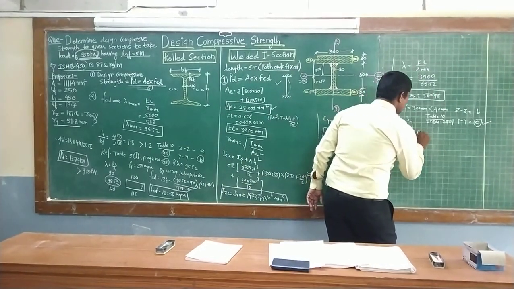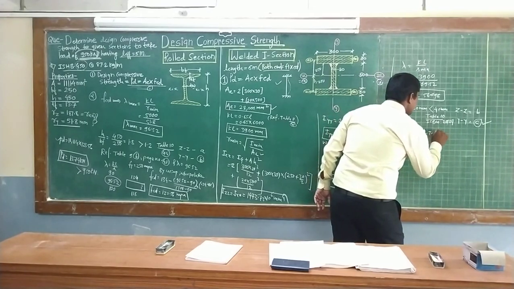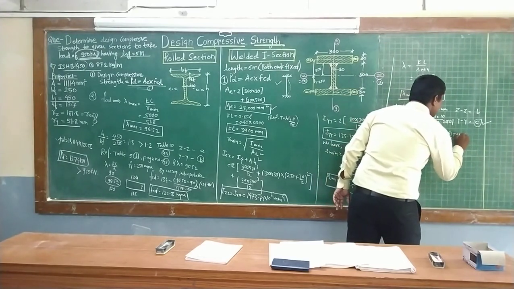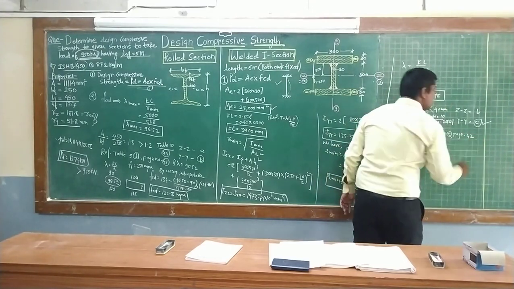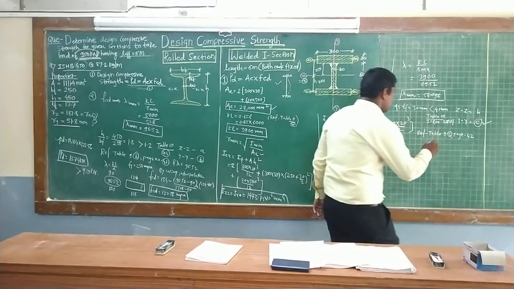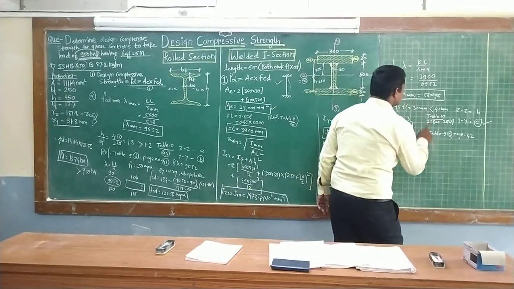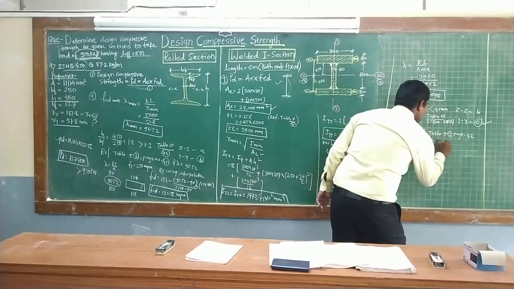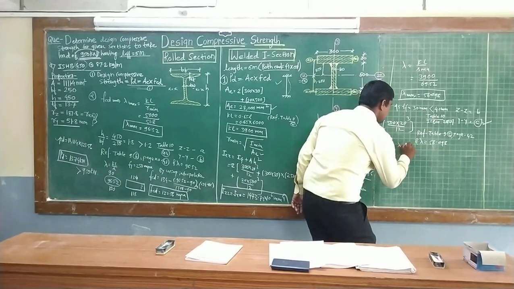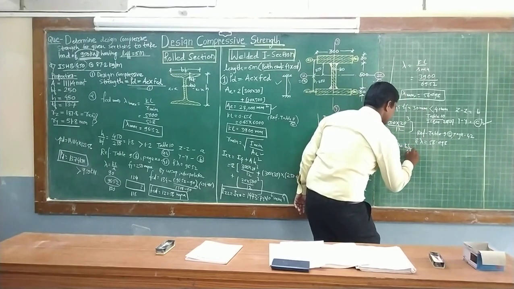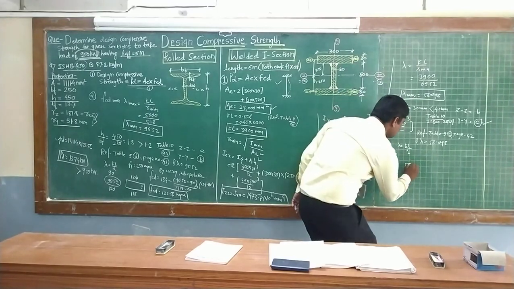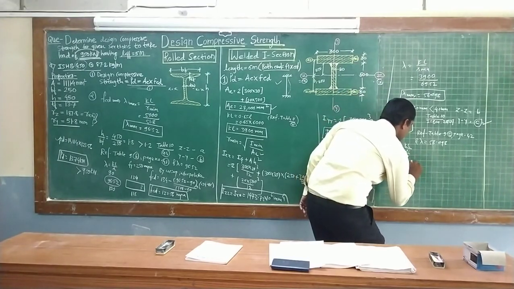So refer to Table number 9 of C, page number 42, IS 800:2007, and the lambda value is equal to 56.098. So here lambda is equal to KL by R. Our value is 56.098.